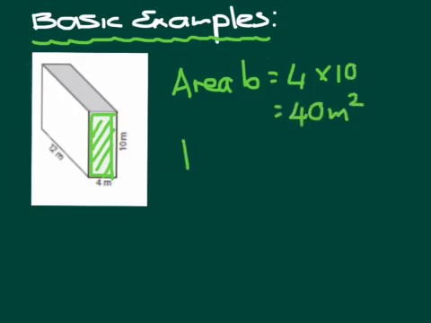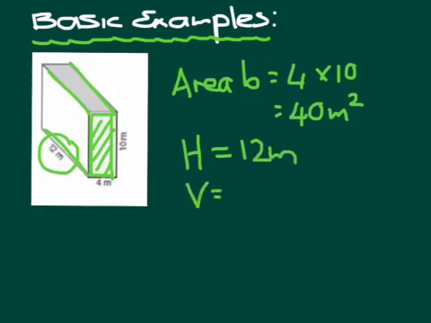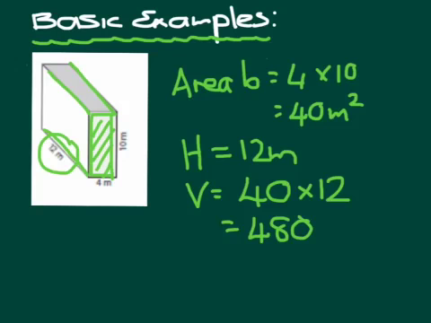All right, the height. Now remember what we said, the height is just an edge that runs away from the base. So you might say, well, hold on, there are 3 of them, and absolutely there are 3 of them, but it doesn't matter which one I choose because they all have a height of 12 meters. My volume, following the formula, is just area of base times height, so that is 480, and remember it's volume, so it is cubic meters.